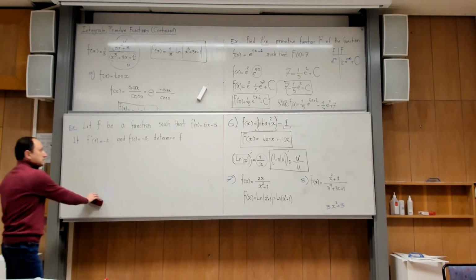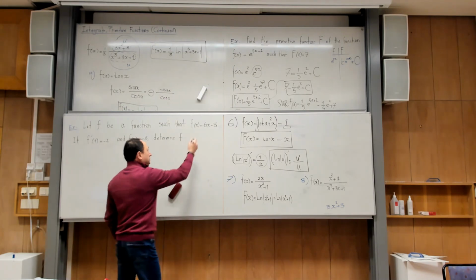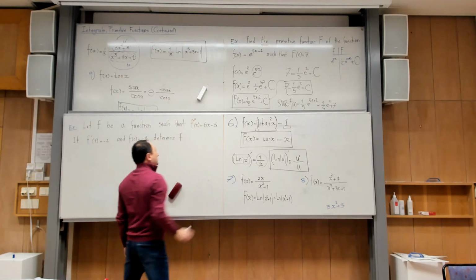So here it is not the first derivative, it is the second derivative. F double prime is that.